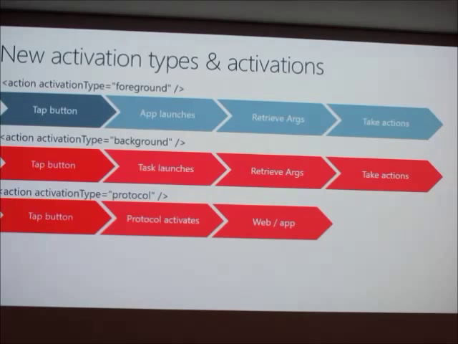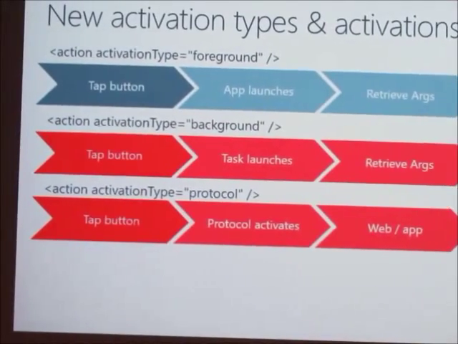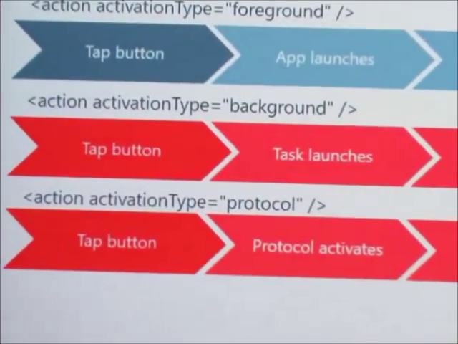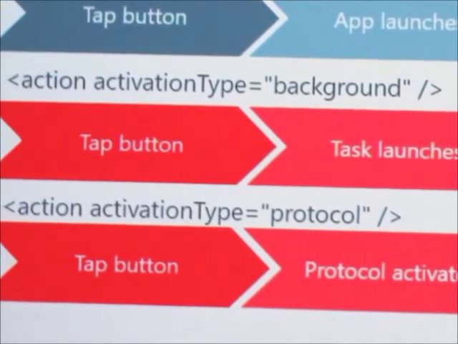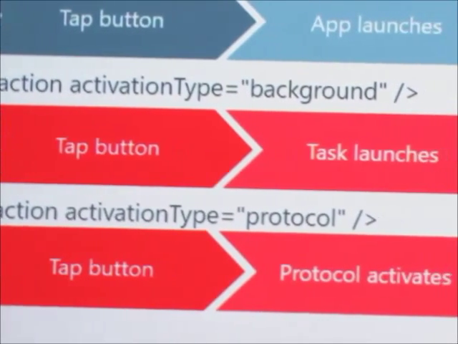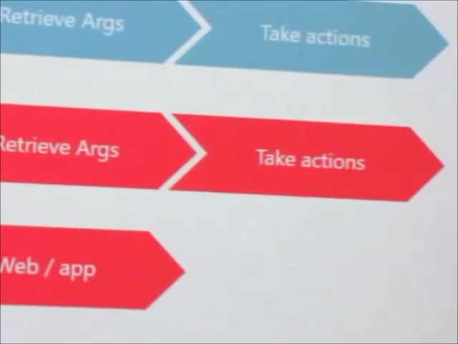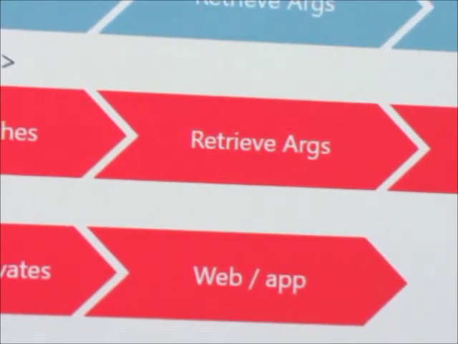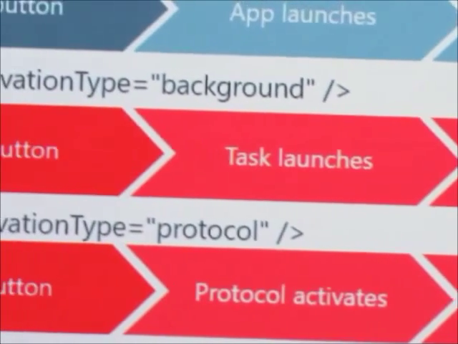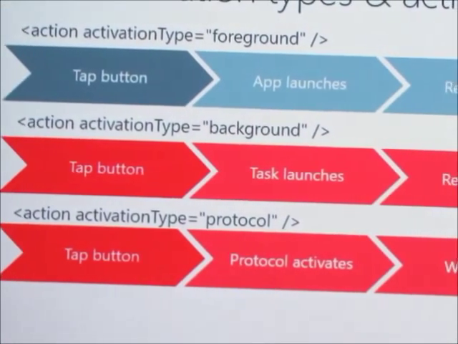Now, protocol. This is the ability to create a particular type of link or URI, system URI, that will either initiate a whole other app, look for it in the store to load it, or initiate the ability to open a particular file or file type, or go to a website.